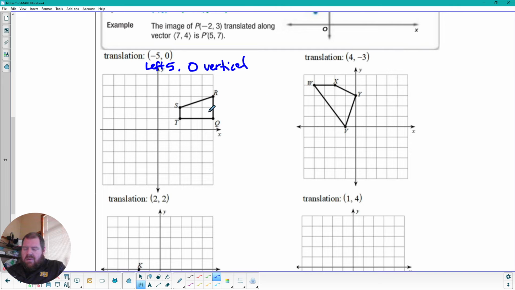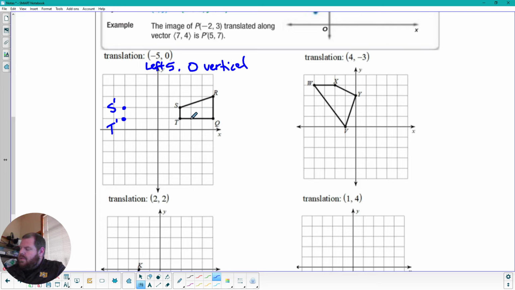I'm not going to look at all the ways on every problem. Probably the easiest way for a lot of people is to take every point and move it, in this case, left 5. 1, 2, 3, 4, 5. And that becomes our T prime. S moves 5. It'll be right there for S prime.